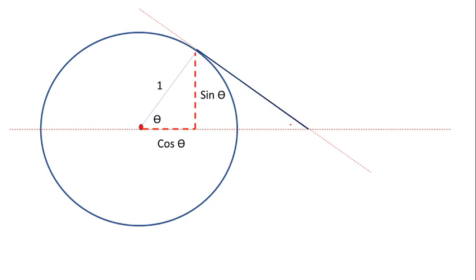And it means that that's an isosceles triangle, which means this side is 1, this side is 1, and this length here is root 2. So because this length is also 1, this length here you can work out as root 2 minus 1, which is about 0.4. But this is how you work out the tangent.